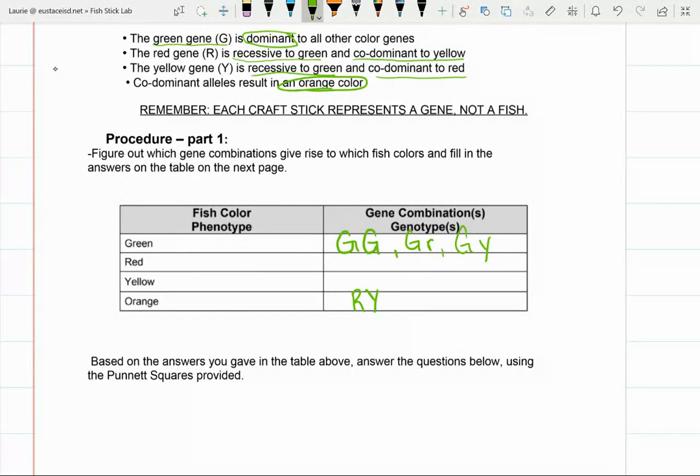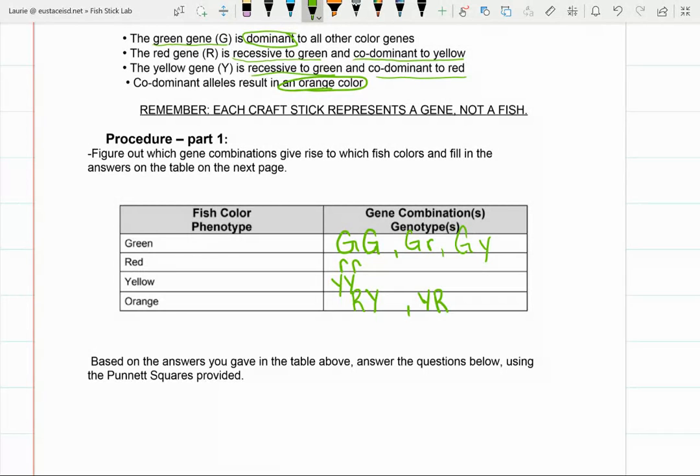That leaves us with only lowercase r for a red fish. Now, for yellow, it's the same idea. It is codominant with red, so if you had capital Y, capital R, that's going to give you an orange fish. The only thing that will give you a yellow fish is lowercase y. So there's your genotype options.